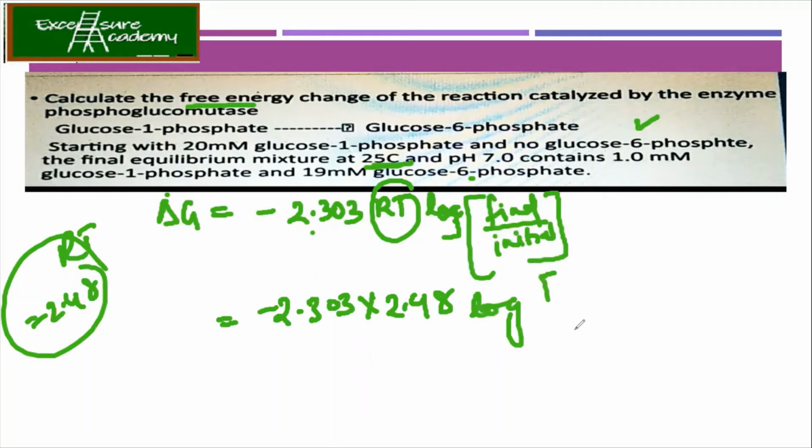So log of the final by initial. So what is the final value over here? It's around 19 millimolar. Is it 19? Yes, think, that is very crucial.